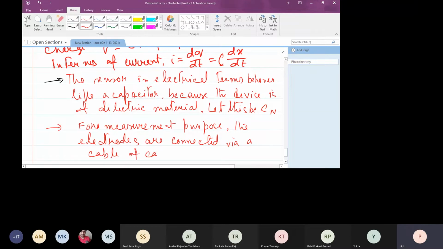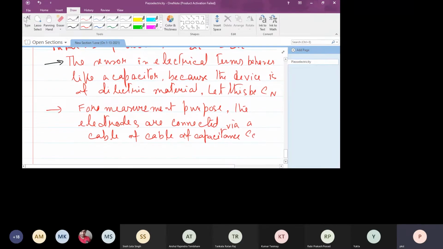So this cable has also a capacitance. If we again assume that the resistance effect is negligible, so that series loss or series drop we neglect, then we can have a cable capacitance, say C subscript C.